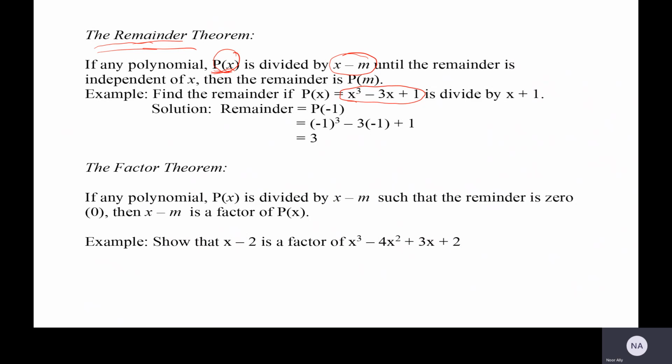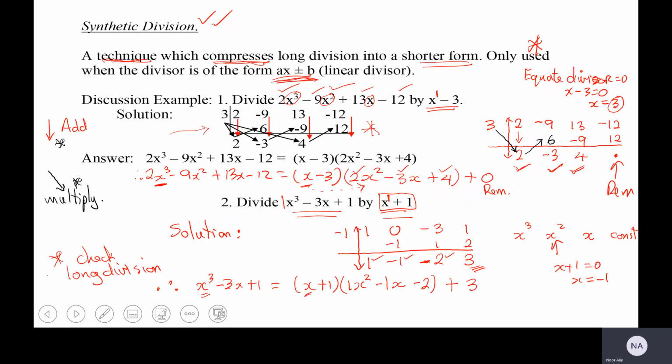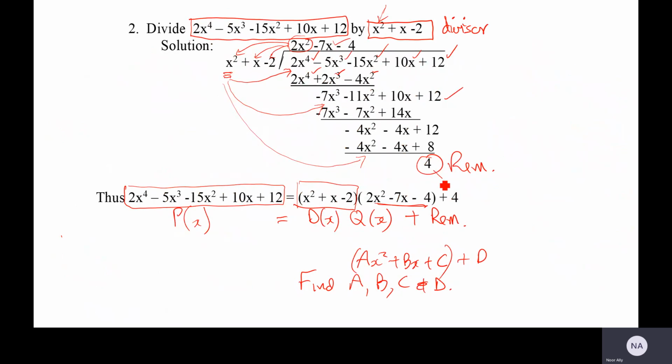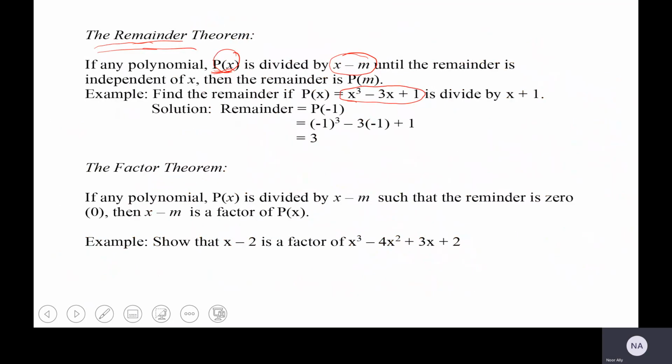And what do I mean by that? Let's just go back to our example. If we do long division, look at the remainder. Does it contain an x? No. So the remainder is independent of x. Then it says all you have to do is do this function p of m. And where does the m come from? Right from the divisor, x plus 1.